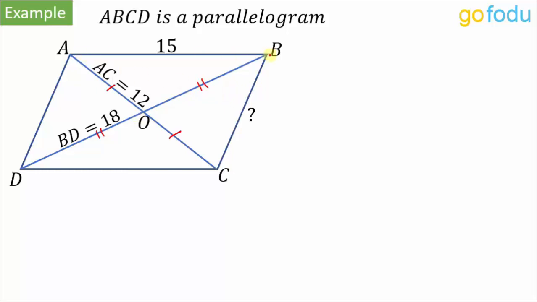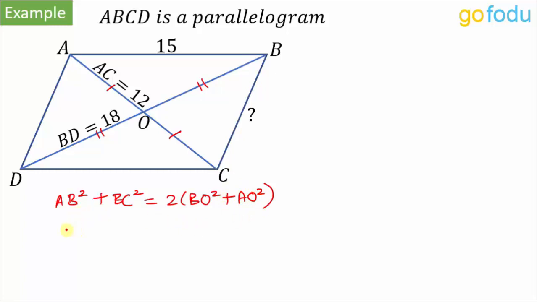Now in this triangle ABC, can we say BO is the median? As AO is equal to OC, BO will be the median. So median and the three sides are involved. We can go with Apollonius theorem. AB square plus BC square is equal to 2 times BO square plus AO square.